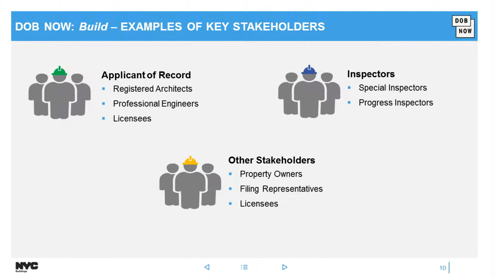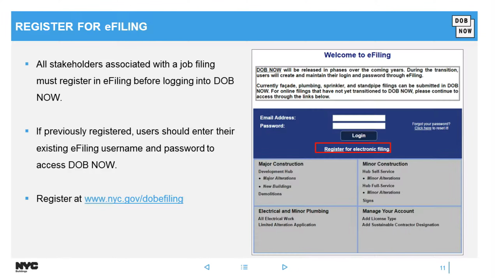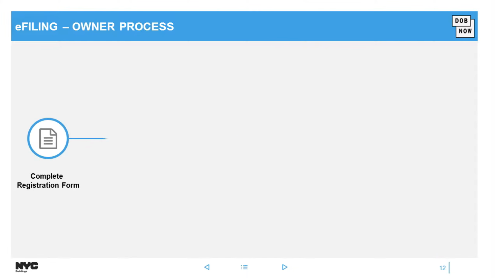Who uses it? We have the applicant of record, such as a registered architect, professional engineer, or licensee. We have special and progress inspectors and other stakeholders such as property owners, filing reps, and licensees. You must go to nyc.gov/DOBe-filing in order to register and log in. The process is a bit different for owners versus the other users.